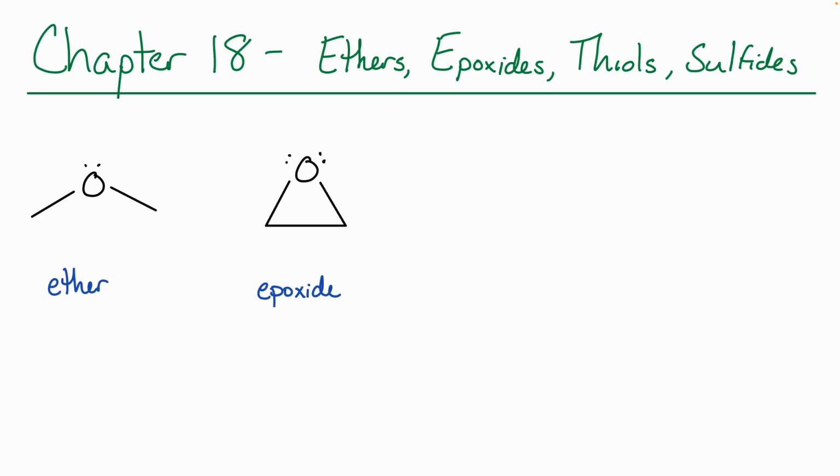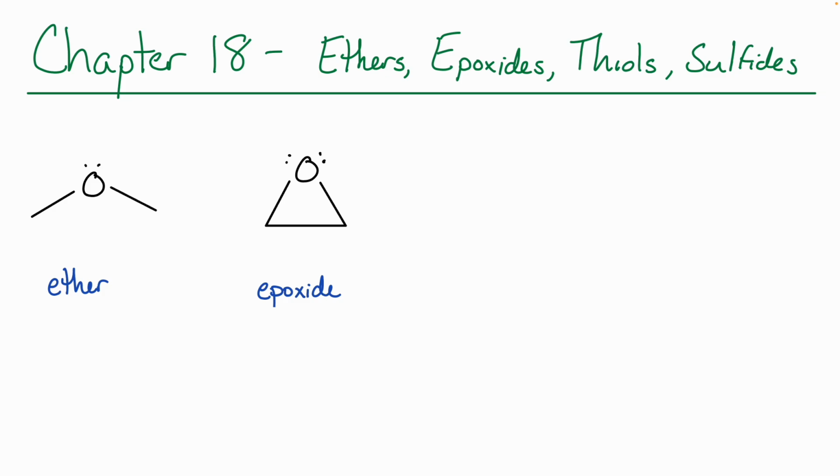If you remember talking about cyclic alkanes before, these three-membered rings are super mad. Atoms do not like being forced into these three-membered rings because their bond angles are non-ideal. Carbon loves to have a bond angle of about 109 degrees. In this triangle, it has to be forced to have a more acute bond angle of only 60 degrees. So the bottom line is these triangles are very unstable.